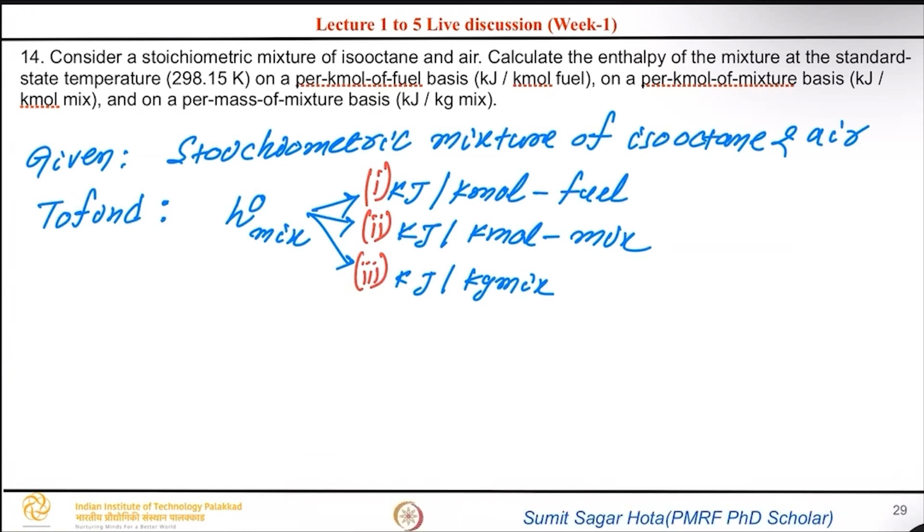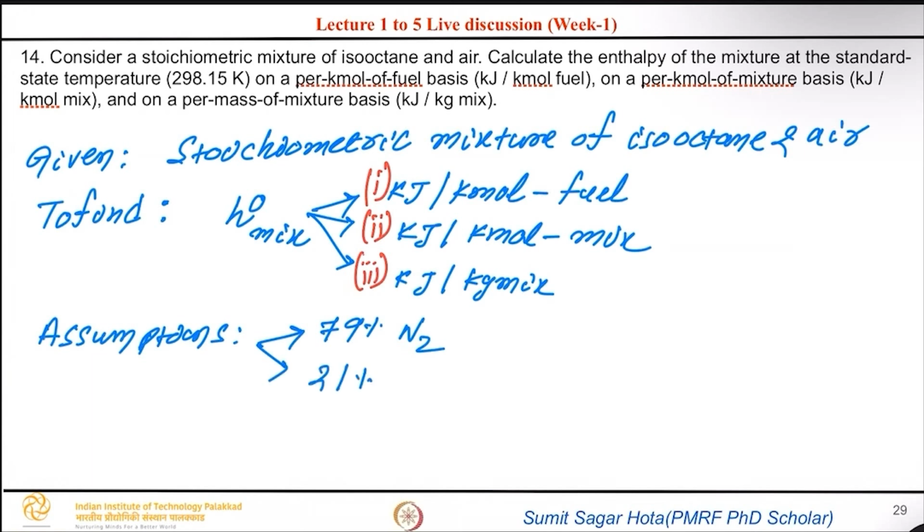So here, what are the assumptions? Same. N2 and 21% O2.